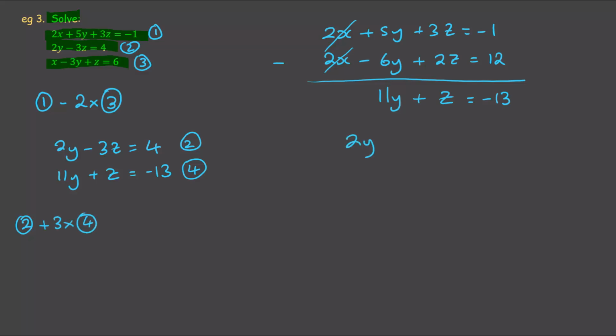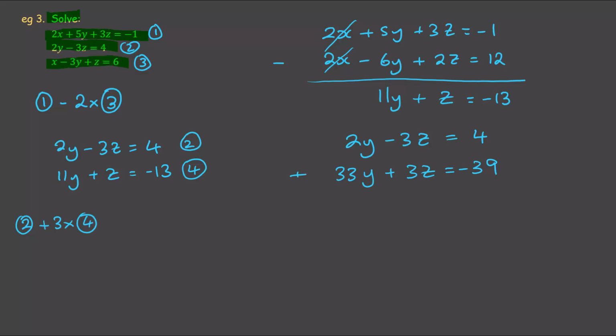Equation 2 is 2y - 3z = 4, and 3 lots of 4 is going to be 33y + 3z = -39.